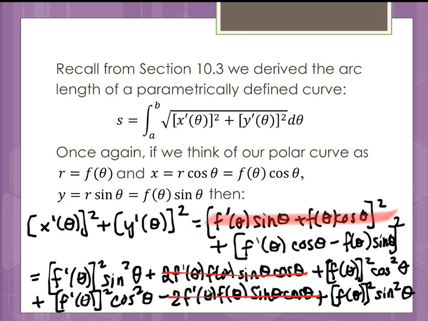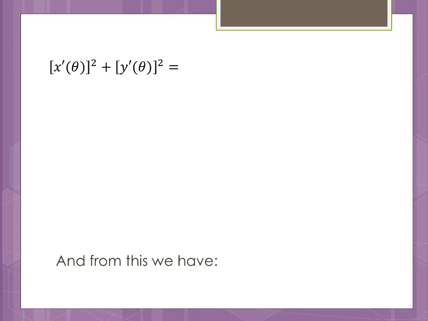So when we add those two pieces together, we can factor the f prime squared out, and then I've got sine squared plus cosine squared, which equals 1. So what really ends up happening is that we get f prime of theta squared, and that's all we get left.